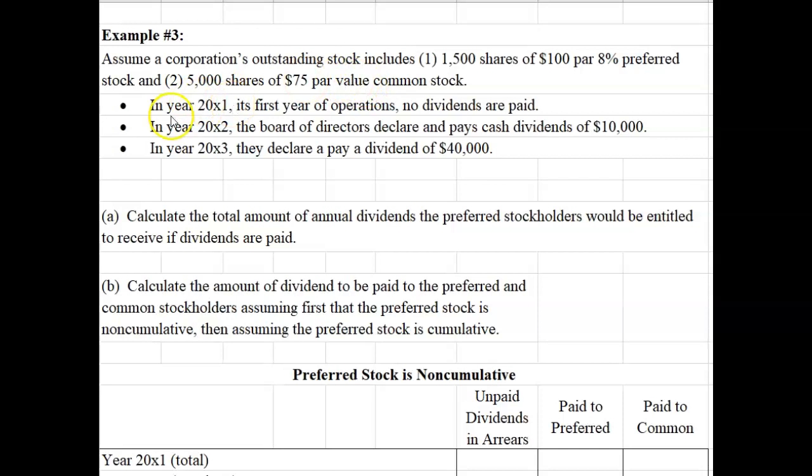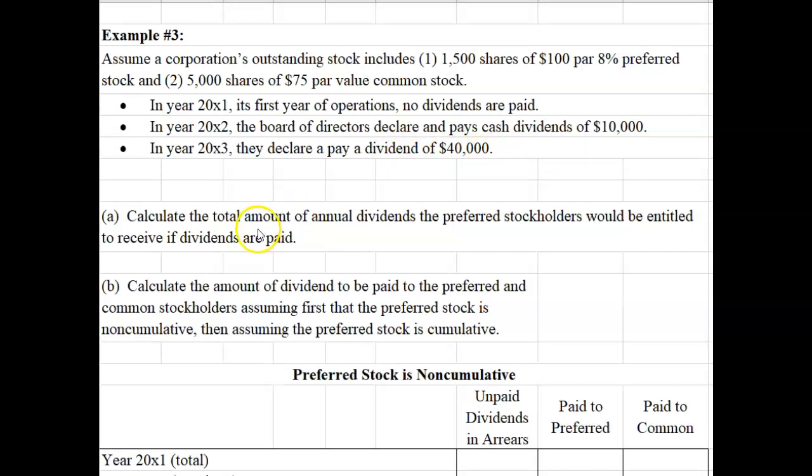In a 3-year period, the first year, 20x1, is the first year of operations for this company. No dividends are paid at all. In the year 20x2, the board of directors declares and pays cash dividends in the amount of $10,000, and in the year 20x3, they declare and pay cash dividends of $40,000.